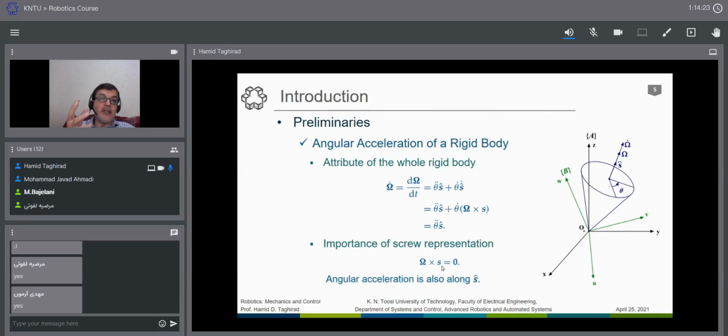vector in the space. If you can measure the angular velocity, if you can find the angular velocity vector in the space, you have found the screw axis. If you can find the angular acceleration axis, as you see, again you have found the screw axis in here. And a screw axis can be found either by the angular position, motion, or velocity, or acceleration.